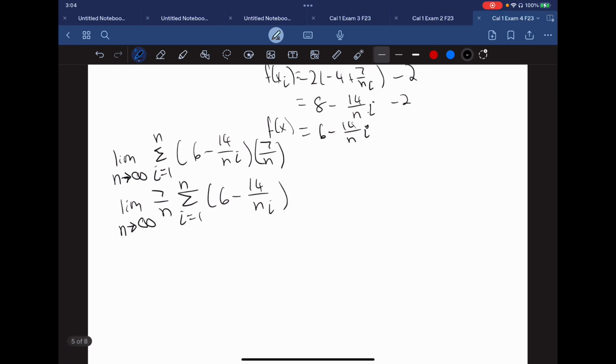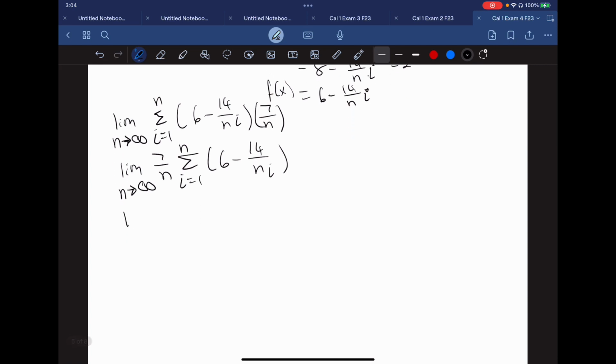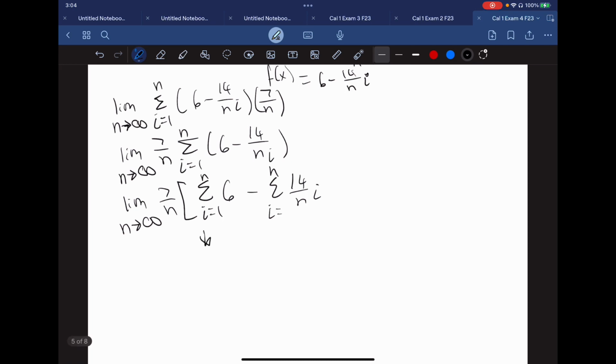All right. So now we can apply the sigma notation to each individual term inside. So the limit as n approaches infinity, 7 over n, sum from i equals 1 to n, 6 minus 14 i over n, right? So since the constant rule applies here, it's just going to be 6 times n. It's going to be n times whatever goes here.